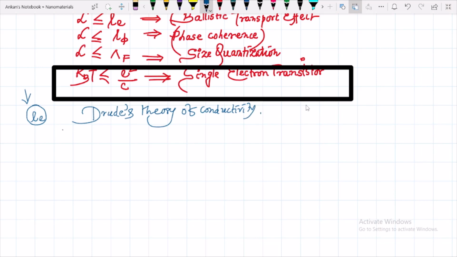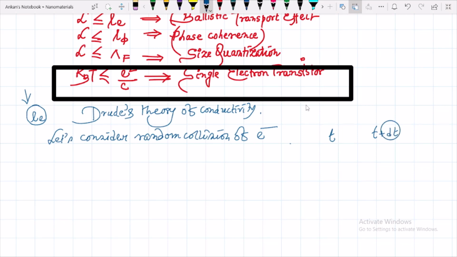So let's consider the random collision process of electrons. The electron taken at random at time t will have a collision before time t plus dt, which is a small interval.